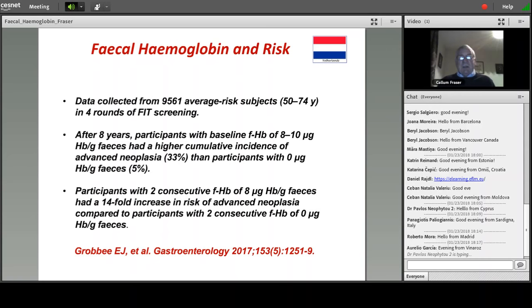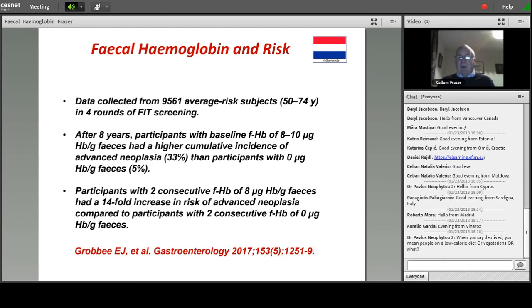And indeed, participants with 2 fecal hemoglobins of 8, just under the cutoff, had a 14-fold increase in the risk of advanced neoplasia than people with 2 consecutive results of undetectable fecal hemoglobin. So fecal hemoglobin is certainly an independent indicator of the risk of colorectal cancer.